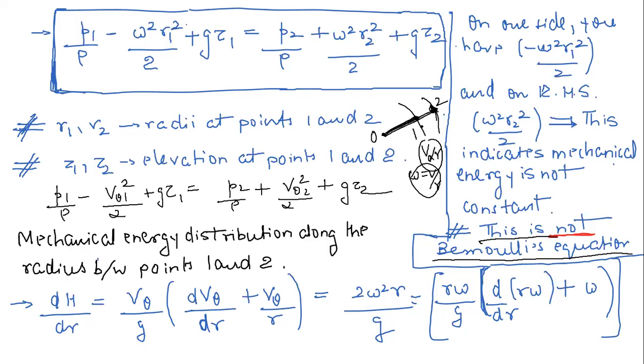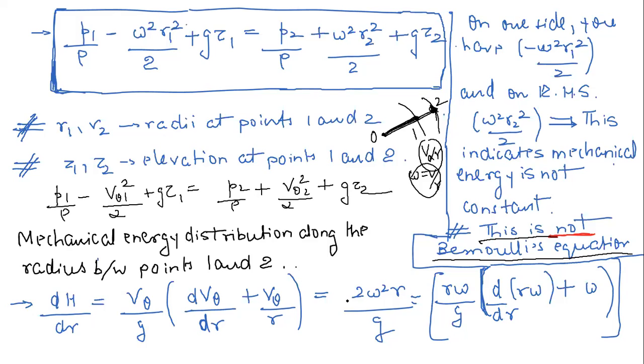Now we are coming to the energy distribution as well. So the mechanical energy distribution along the radius between points 1 and 2. If you go to the previous equation, along the radius we derived this: dH by dr equals V theta by g, times dV theta by dr plus V theta by r.